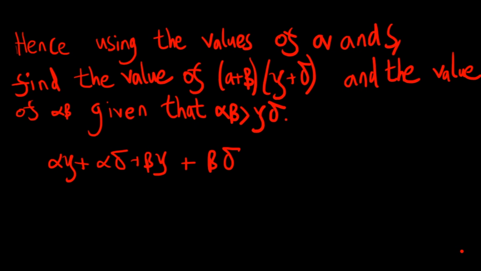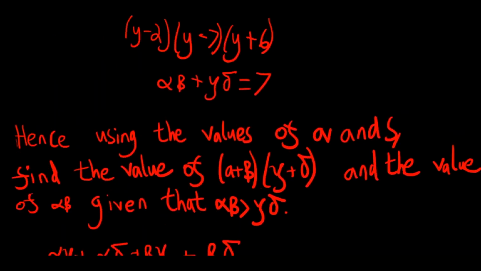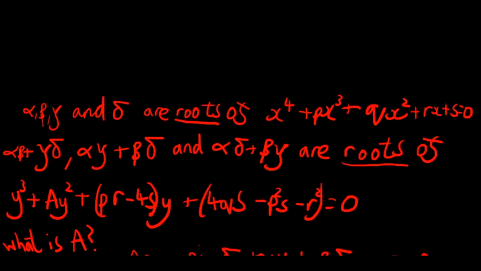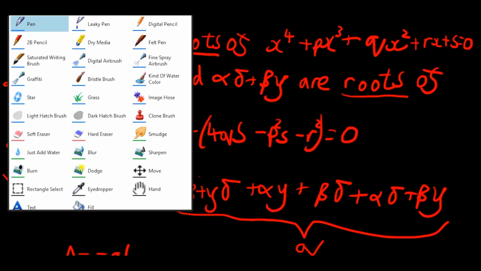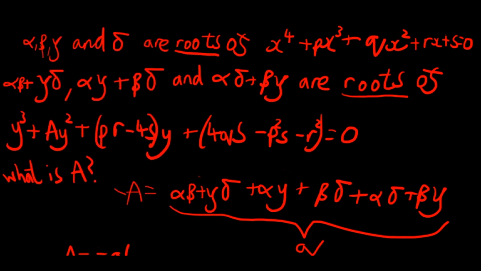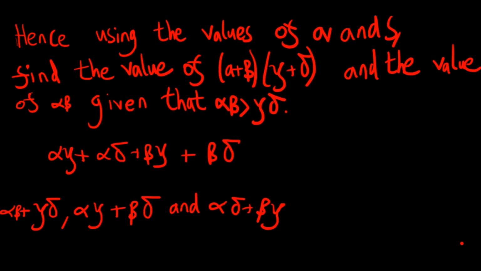And if we look back up to the roots of the cubic equation, they are alpha beta plus gamma delta, alpha gamma plus beta delta, and alpha delta plus beta gamma. Actually, I might just quickly copy them over so we can have a look at them. Okay, so I've copied and pasted the roots from the last part.